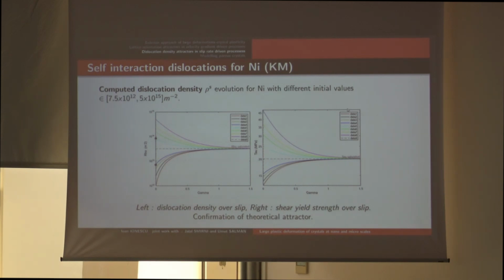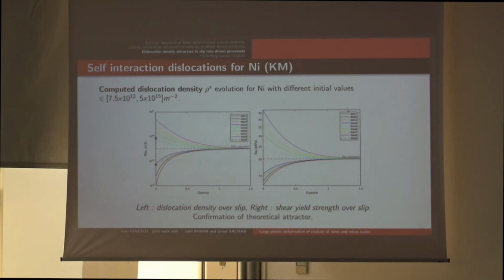What I wanted to point out is that in all this analysis, to obtain something interesting, you have to have very large deformation. Here you can see that the dislocation density is near the value of the attractor starting with 50%.